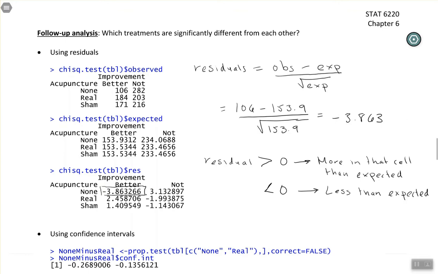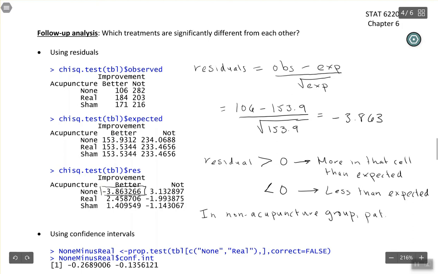If we look at the size of these residuals, the biggest residuals that we see are for the non-acupuncture group. So let's look at the direction of those. In the non-acupuncture group, patients were less likely to improve, right? We've got a negative residual for the better category.